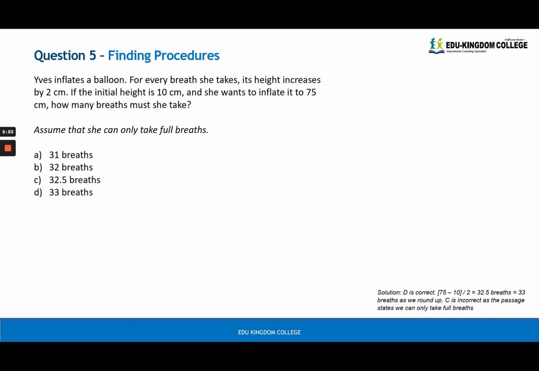Okay, fine. So we have inflation of a balloon. Every breath she takes increases it by 2 centimeters. Initial height is 10. She wants to go to 75. How many breaths must she take? So the difference that she has to make up is 75 minus 10, which is 65 centimeters. Now, she has to inflate by 2 centimeters at a time, so I'm going to divide this by 2.